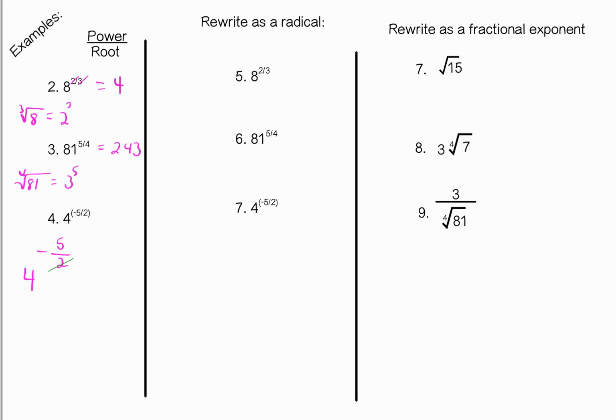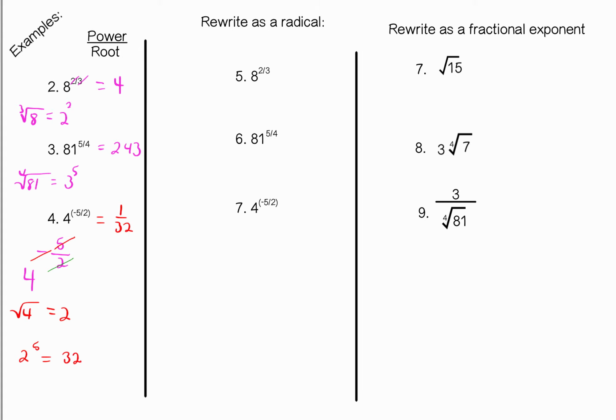What is the square root of 4? 2. Now I'm going to raise that to the 5th power, which gets 32. Then the negative tells me to flip that, so my final answer is 1 over 32.